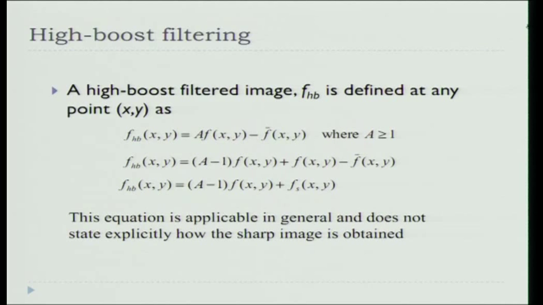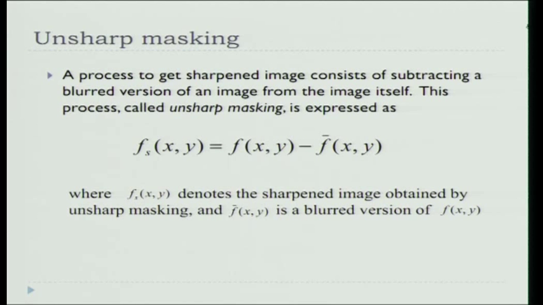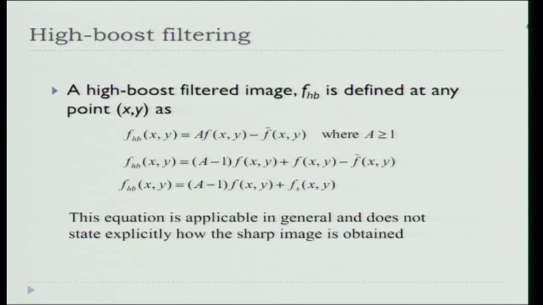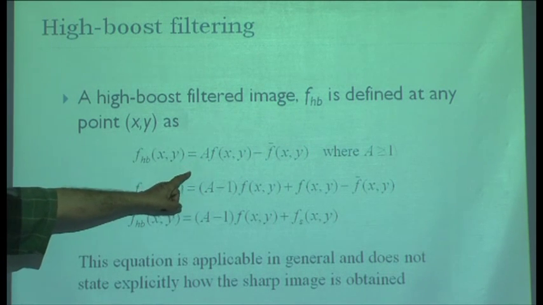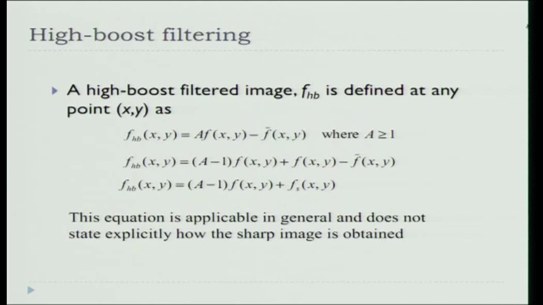Now, why put only the original image f(x,y)? What I want is to first boost f(x,y) by some constant, and then subtract the blurred one. So I multiply the original image by some constant greater than 1, and then subtract.